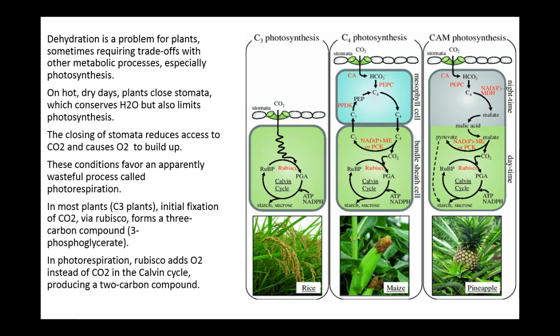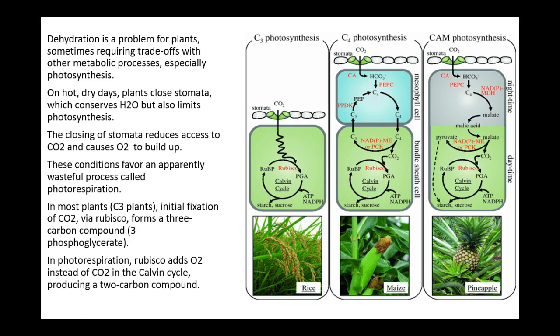And this one sounds a little bit more like our cell respiration. In terms of photorespiration, that Rubisco, the one that we just talked about, uses oxygen instead of CO2 in the Calvin cycle, producing a 2-carbon compound. So that same cycle, but instead of carbon dioxide being used, oxygen is used, and it's not as efficient, and there is a byproduct that's built up.